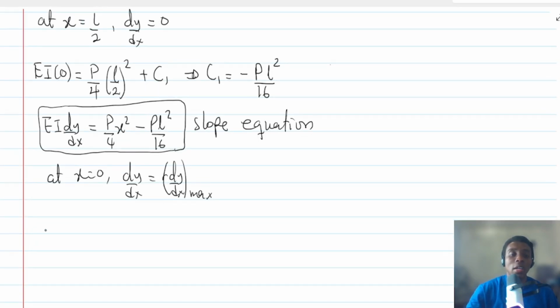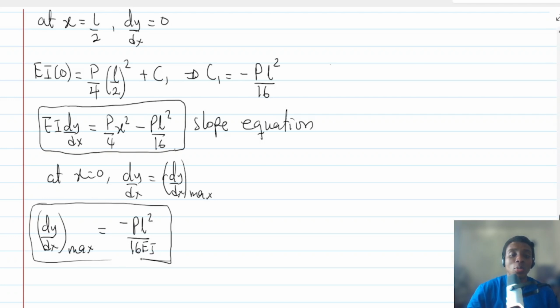So then dy dx maximum is given by, if you put x equals 0 here, you'll be left with only minus P L squared over 16 EI, because the x squared part will go to 0. And please, this is the formula for calculating the maximum slope of a simply supported beam with a load at the midpoint.